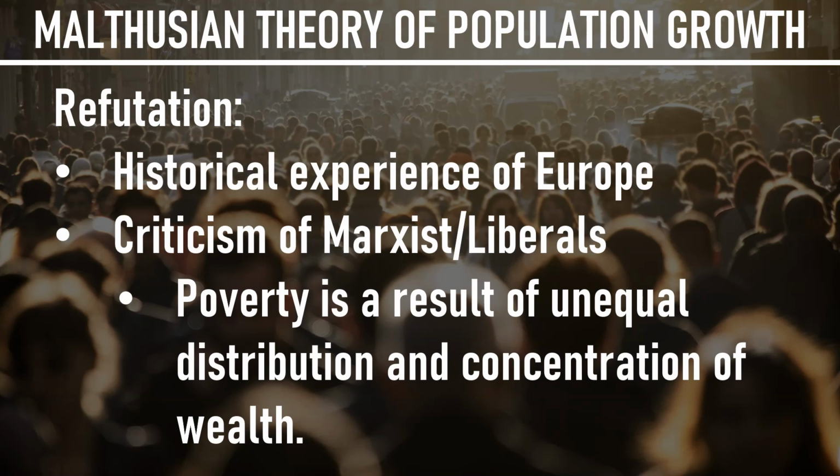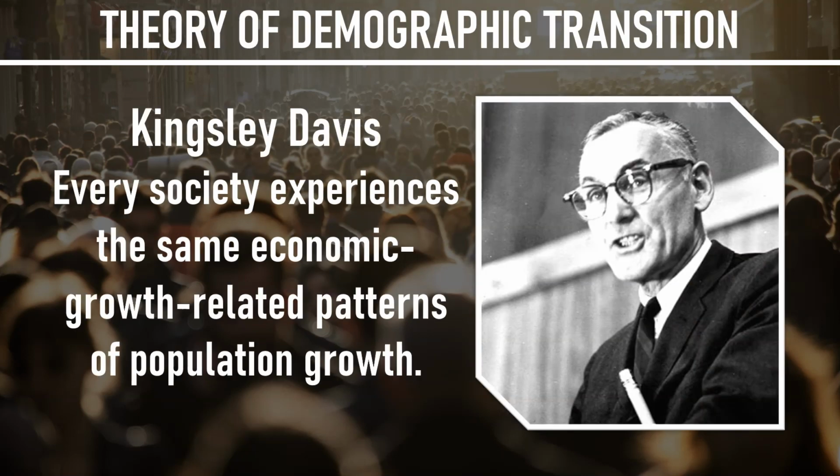Due to the capitalist system and the forceful class divide between the proletariat and the bourgeois, it caused essentially unequal wealth. It's not because of population growth, it was because of the unequal social distribution of wealth. So therefore this theory was proven wrong. However, it still has great significance as it was one of the earliest population growth theories of the time.